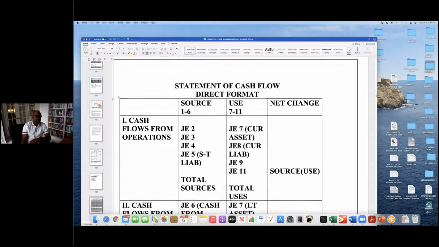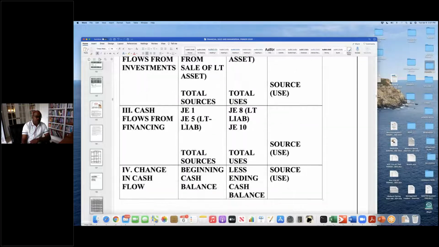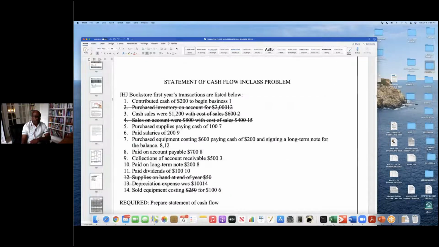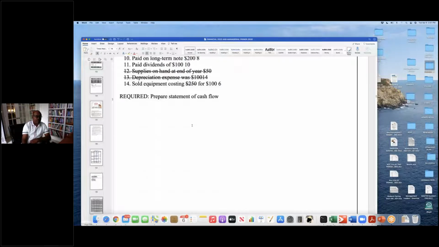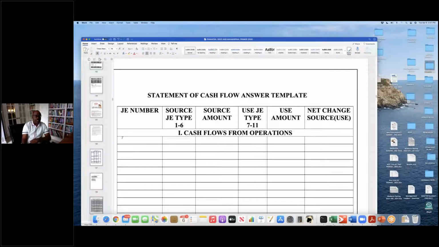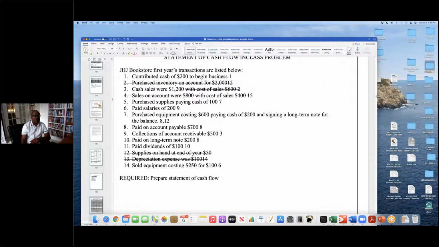But this table tells you whether it's in operations, investments, or financing. So cash sales, we have the number 3. That's going to go here. That's a type 2. And what was the amount? $1,200.